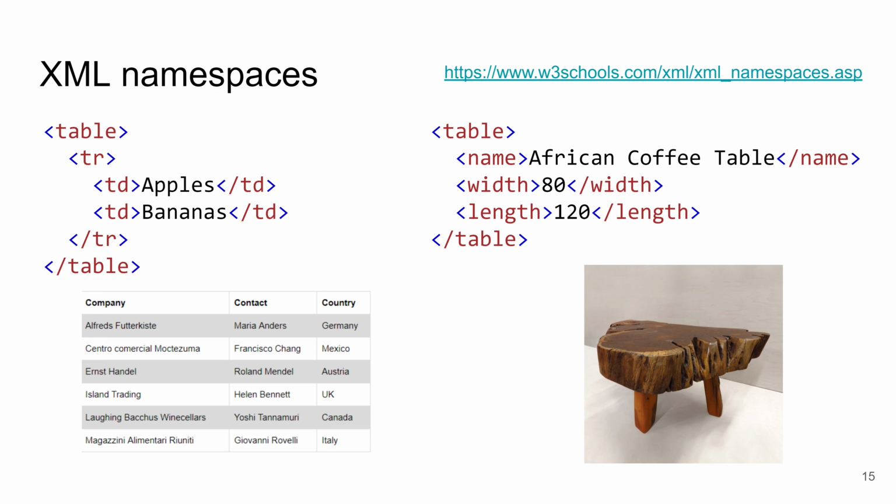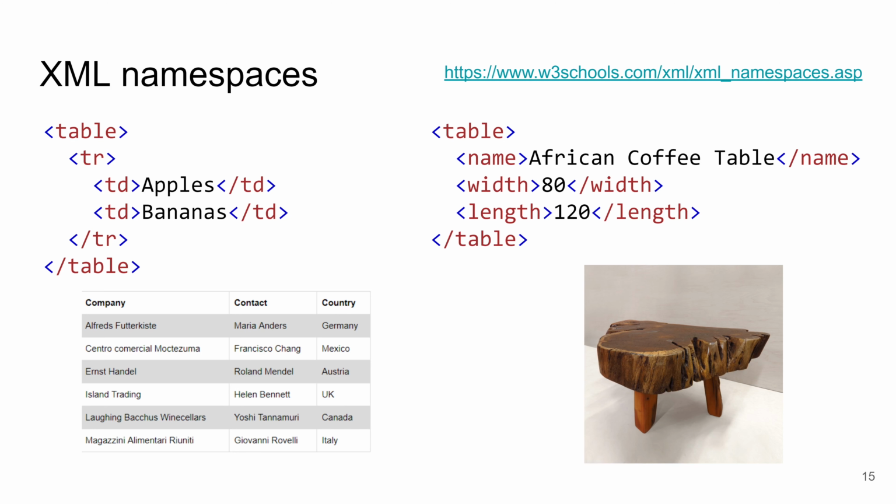Now, if we want to mix in one XML document information about, let's say, HTML tables and tables as pieces of furniture, it would be unfortunate to call both a table, the same element name, because then we would not be able to distinguish those, for instance, when we would talk about schemas later, which would tell us what elements can be nested where and what attributes they can have and so on.